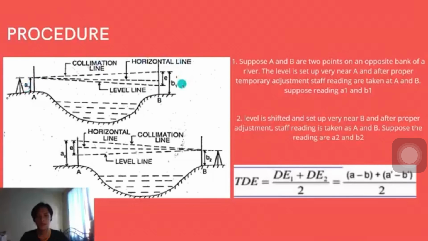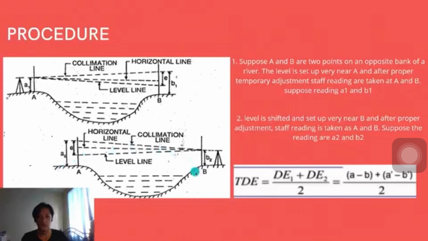Then the next step is the level is shifted. So you transfer the staff and put it at the other side. It is set up very near B, and after proper adjustment, staff readings are taken at A and B. So suppose the readings are A2 and B2.